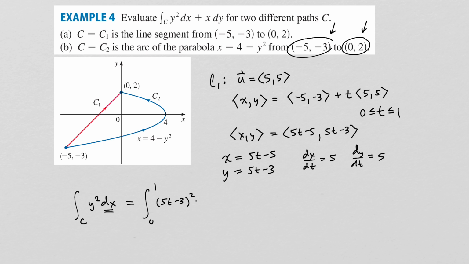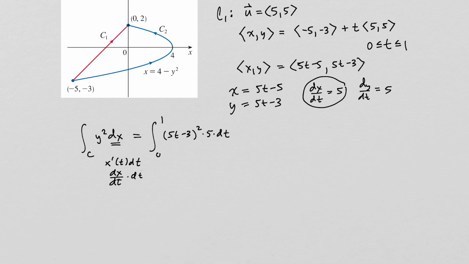Now remember, dx is x prime of t times dt, or dx/dt times dt. So that's just the derivative, which is 5, multiplied by dt, plus, then we're going to do the second part. Actually, I'll do it separately just to keep that clear.